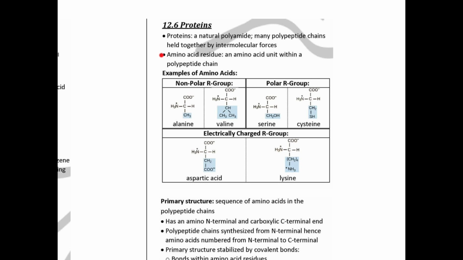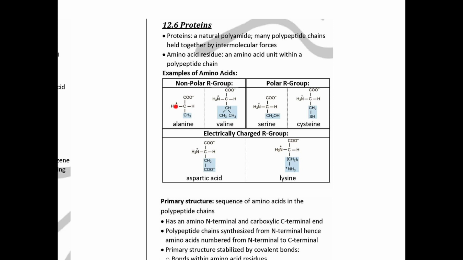So now we see here, amino acid residue: an amino acid unit within a polypeptide chain. That means what? Let's see what an amino acid is first. An amino acid is something like this.